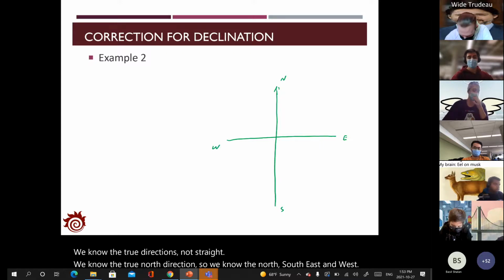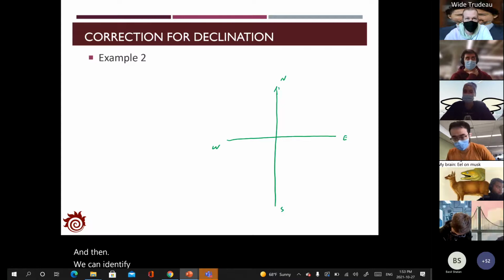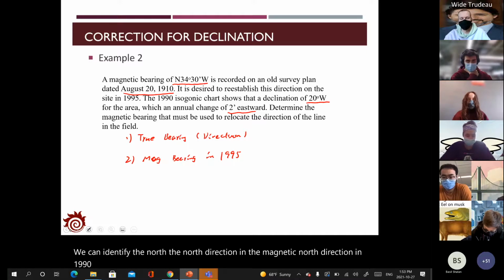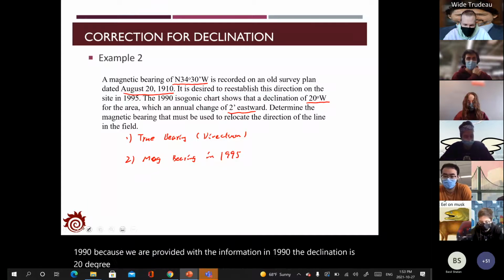And then we can identify the magnetic north direction in 1990, because we are provided with the information. In 1990, the declination is 20 degrees to the west.